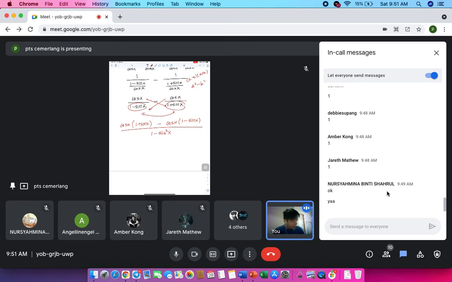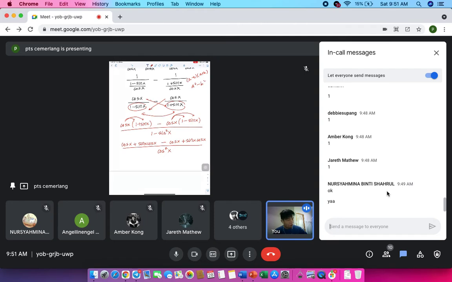Alright, next, I am just going to multiply in. So over here you can have cos x plus sin x cos x minus cos x plus sin x cos x, divided by 1 minus sin square x, which is cos square x.